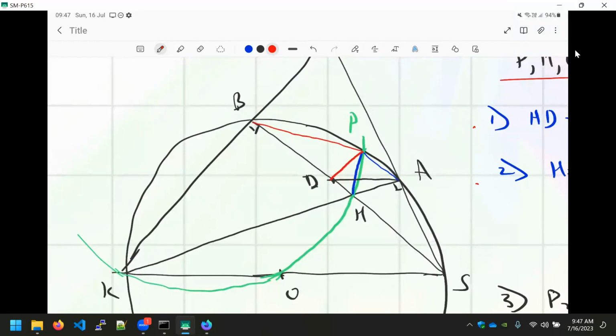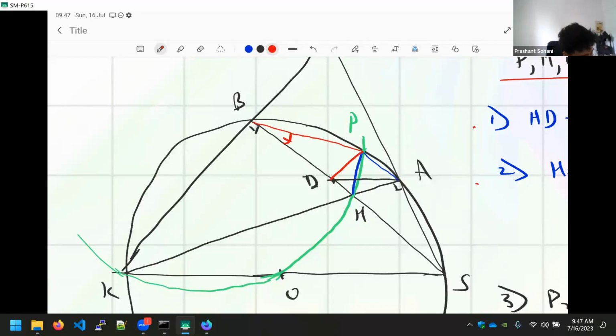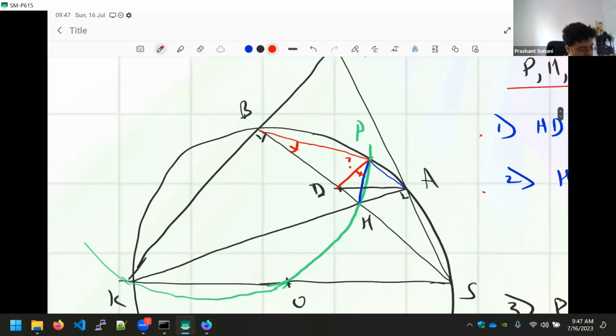Angle PBH is equal to DPH, correct. These angles are equal. And these angles are useful for us because we are interested in BPD. This is what we want to find. So now, can I express BPD as the difference of two angles?